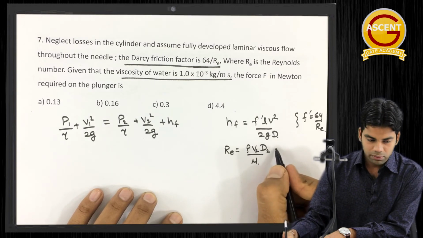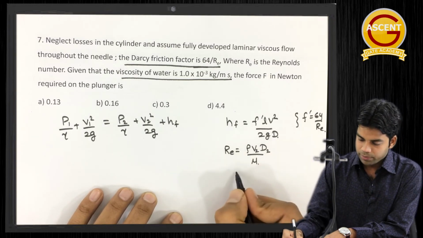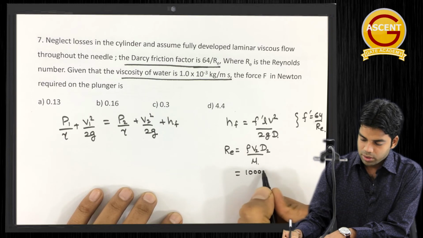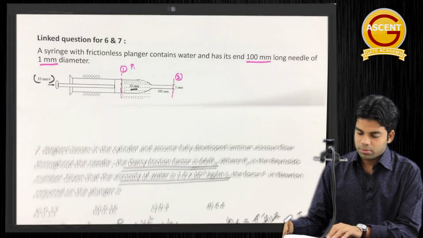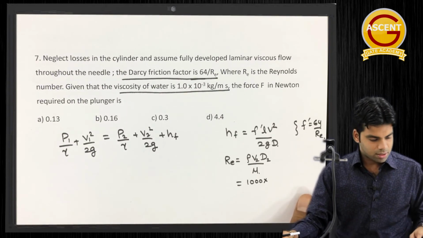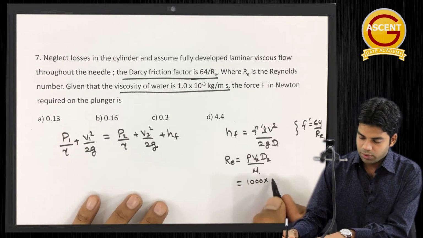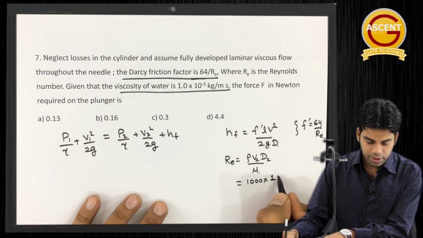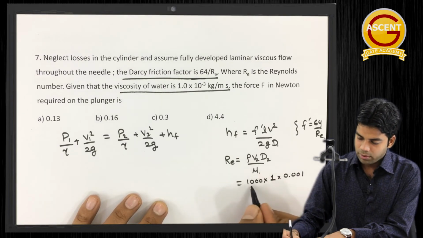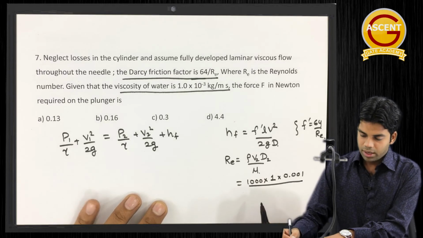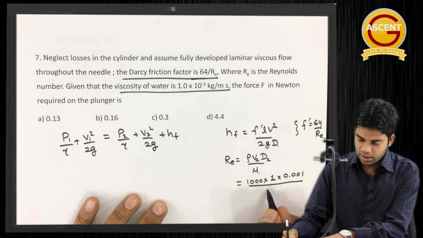Just put all the values. Rho is 1000, V2 final velocity we have already determined, which is 1 meter per second or 1000 mm per second, into diameter 0.001 meter, which is 1 mm, divided by mu, which is given as 10 raised to the power minus 3.